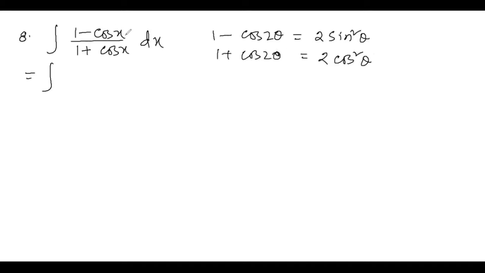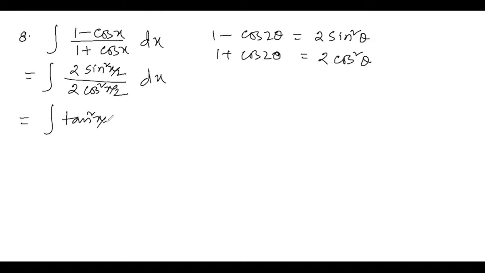We know this formula, the same formula we'll use. 1 minus cos x will be 2 sine square x by 2, by 2 cos square x by 2 dx. So the 2 cancels, sine by cos is tan, that is tan square x by 2.